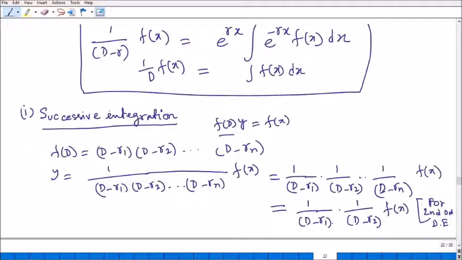This is the successive integration. We know that 1 by (D minus r2) is given by this formula: e to the power r2 x into the integral of e to the power minus r2 x f(x) dx. Similarly, for 1 by (D minus r1) we can write the same formula. This is the method of successive integration.